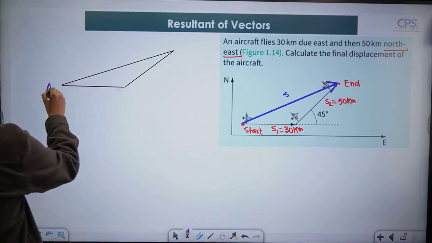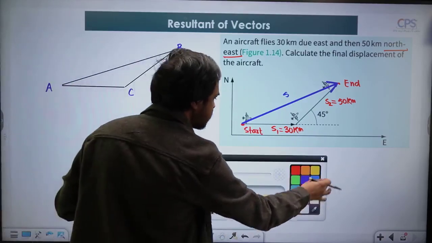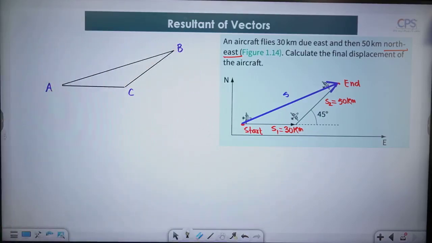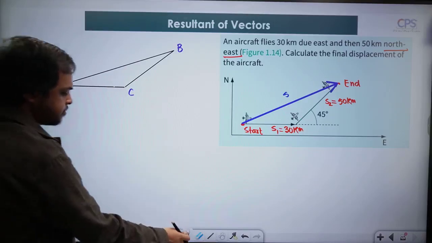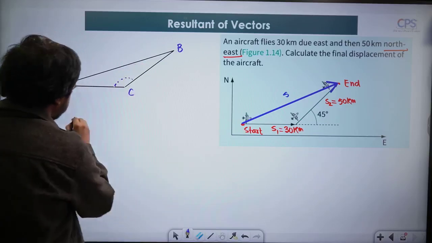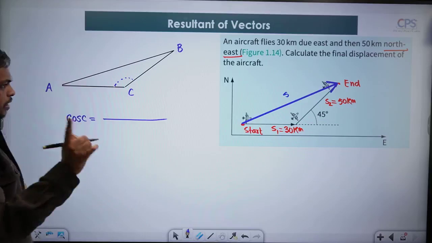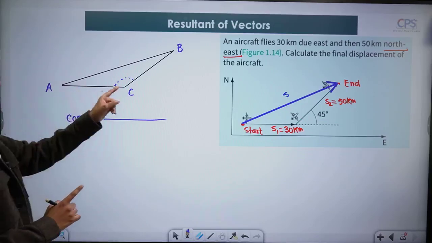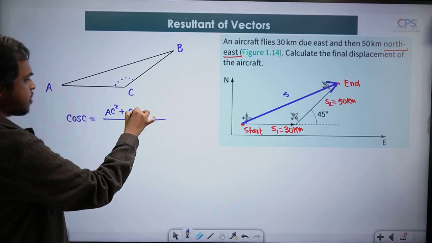Okay, see, we need this one. So remember, this is triangle A, B, C. There is a cosine formula which states that if this angle is C, then cos of C equals AC square plus CB square.